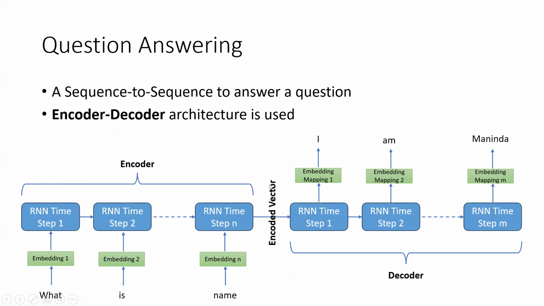And the decoder is something that can take an encoded vector and generate some text, a sequence of words, out of this encoded vector. The encoder takes the words and generates an encoded vector. The decoder takes that encoded vector and generates the words, right?